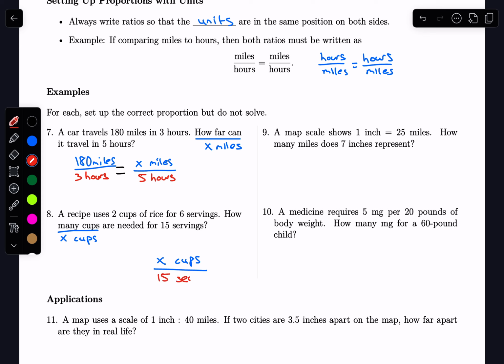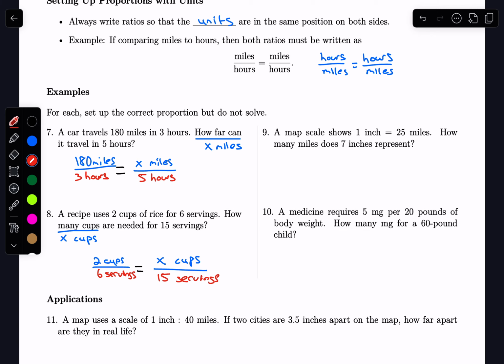In this case, 15 servings. So now on the left side, I'm just going to write a fraction that has cups on top and servings on bottom. So it says 2 cups of rice for 6 servings. So in the numerator, I'm going to write 2 cups. And in the denominator, I'll put the number of servings, which was 6. Notice I'm writing the units every time because that's the key thing we're lining up.